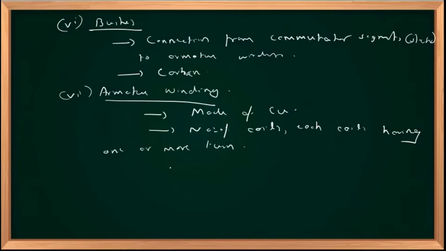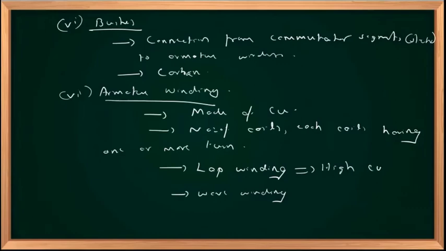And we have two types of windings, as we know: one is lap winding and the other is wave winding. Lap windings are normally used for high current applications, and wave windings are used for low current applications.